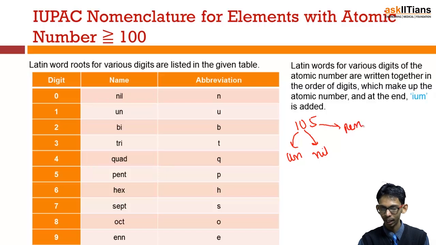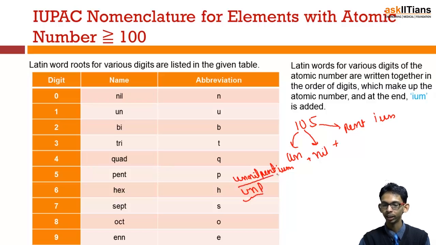We write these, and in the end we write ium. Adding all these, the name we get is unnilpentium. In short, we can write its symbol as u for un, n for nil, and p for pent. So this is the symbol, and this is the name. This is how we write a name.